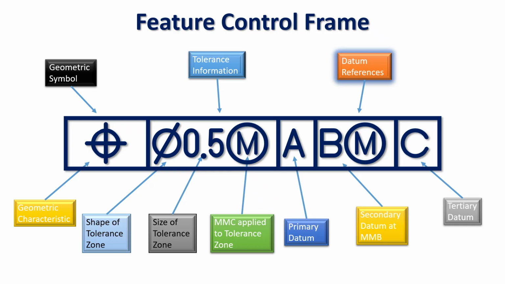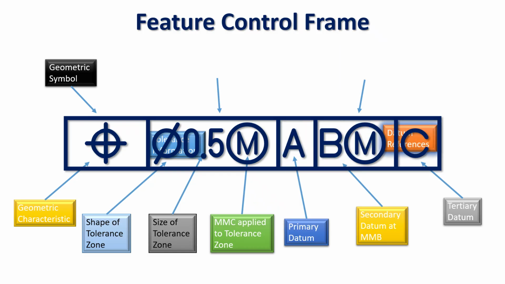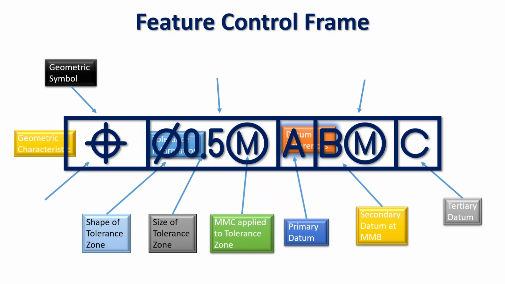The feature control frame: the geometric symbol goes in this first block, and this is the tolerance. Then datums, datum A, B, and C, and this is the geometric characteristic. The shape of the tolerance zone is cylindrical or flat.